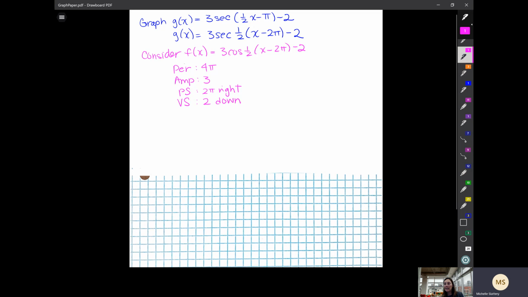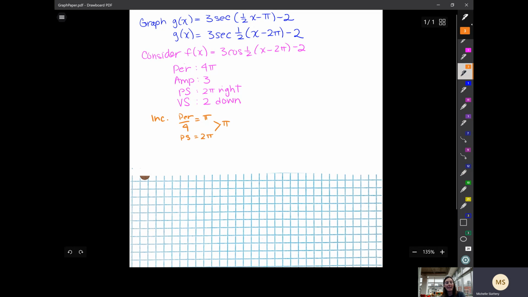All right, and then I can go ahead and graph this, but before I do that, I'd want to find my increment. So let's go ahead and find the increment. So increment is going to be the period divided by 4. So that's going to be pi. And then the phase shift is 2 pi.